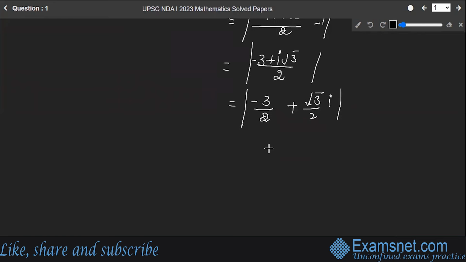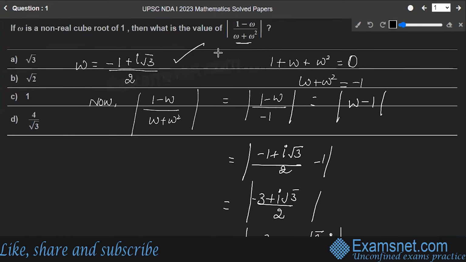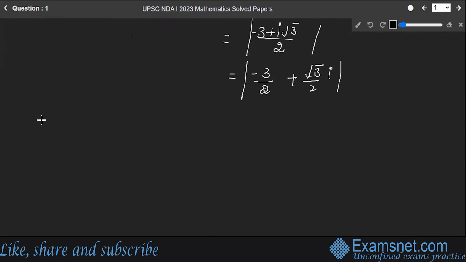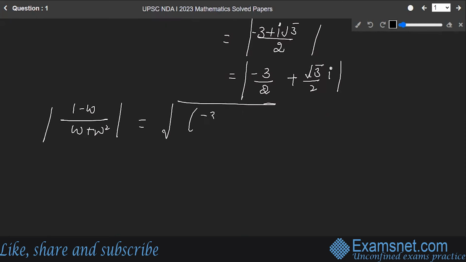Now, if I find the modulus of it, so this will be the modulus of 1 minus omega upon omega plus omega square. This is actually equal to the root of (-3 by 2) square plus (root 3 by 2) square.